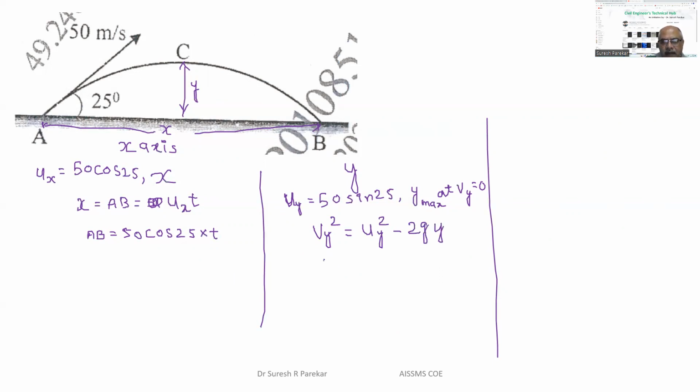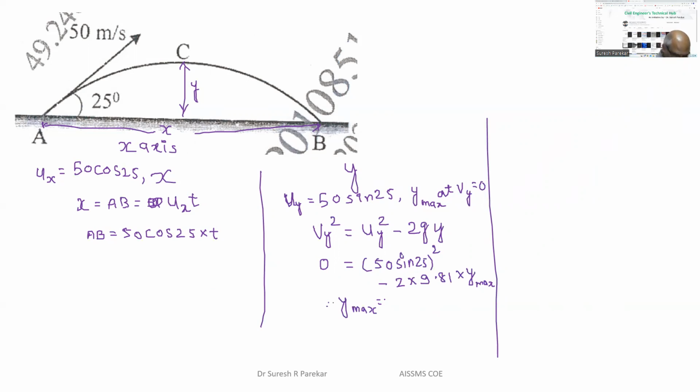Now vy we have 0, uy we have 50 sin 25, whole square, minus 2 into 9.81 into y max, I will say now. And from this we will get y max, or maximum height, and that is 50 sin 25 whole square divided by 2 into 9.81.